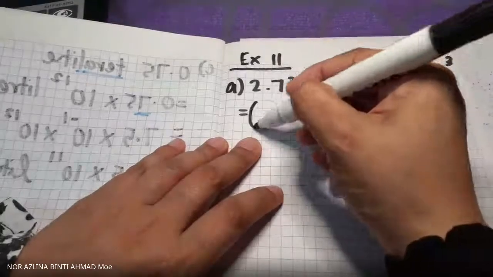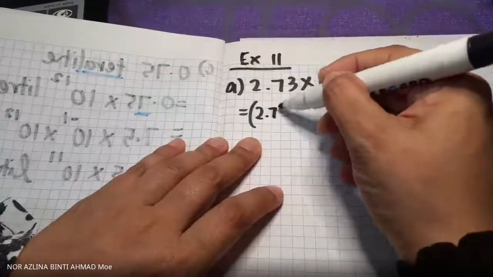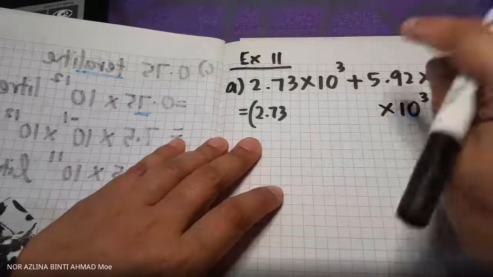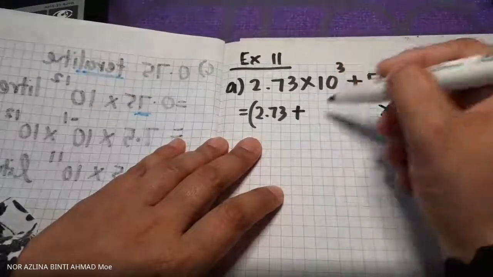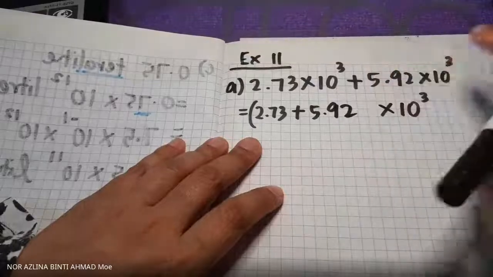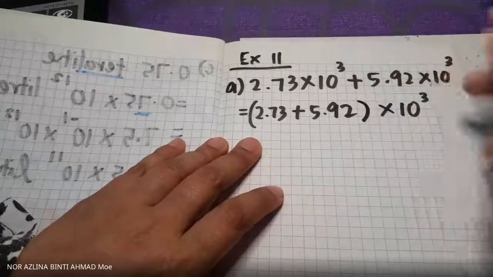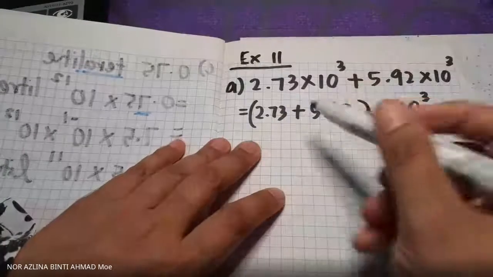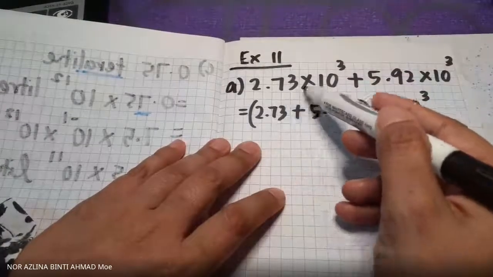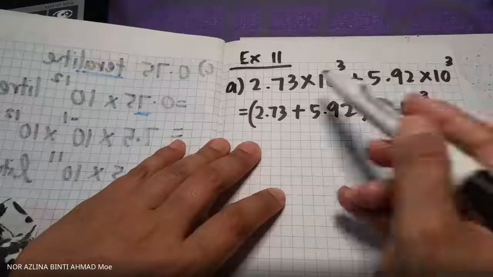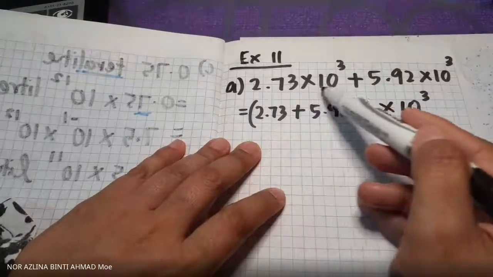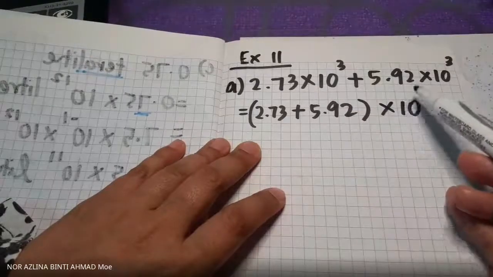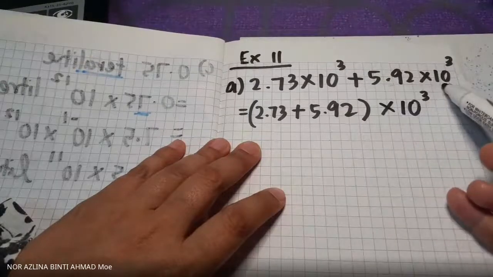So yang tinggal apa? 2.73 multiply 10 to the power of 3. Dah tulis di sini. Plus 5.92. Okay, times 10 to the power of 3 dah tulis di belakang. So kita buat kurungan. Kalau saya expand 2.73 multiply 10 to the power of 3, saya dapat yang ini. And 5.92 multiply 10 power of 3, saya dapat yang belakang.